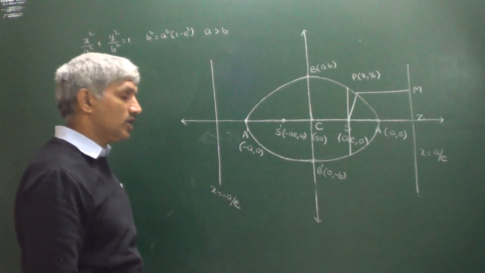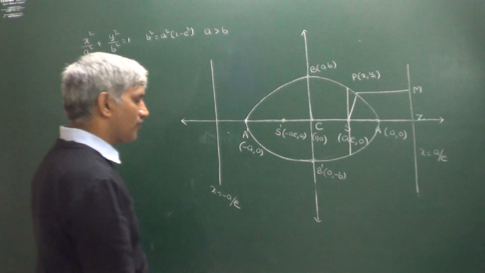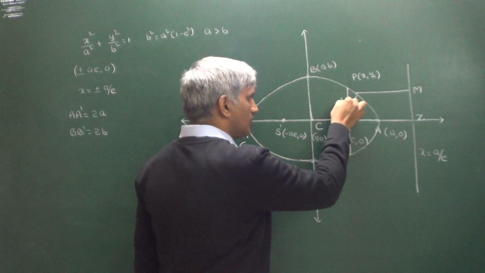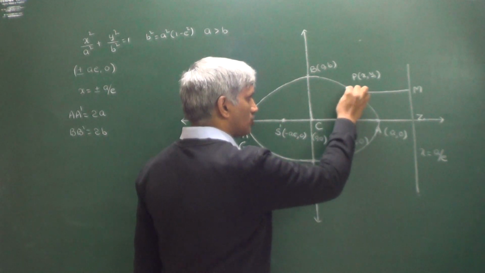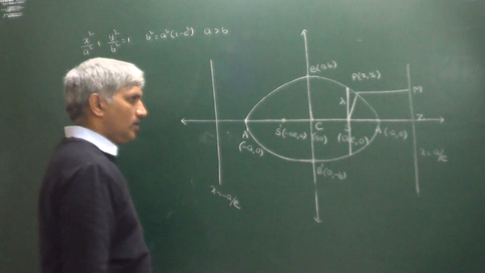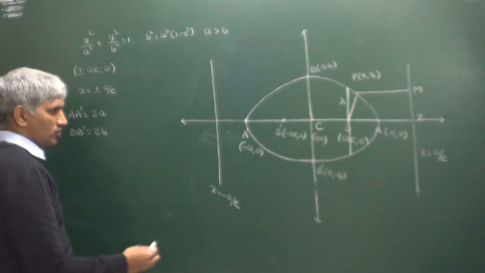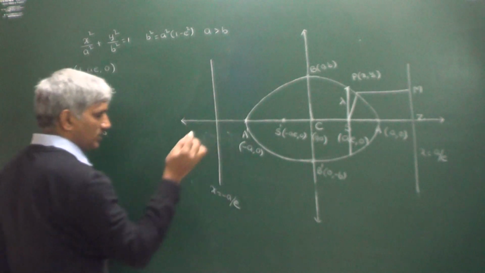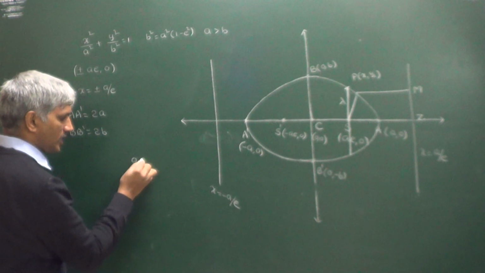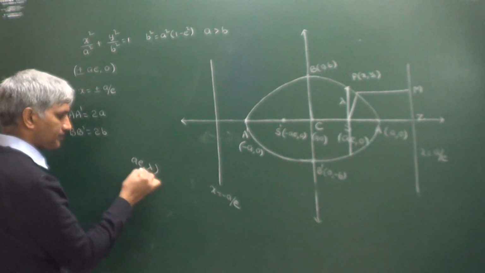But what about the length of the latus rectum? For finding the length of the latus rectum, we require this length. Let us say this length is equal to lambda. Can you say the coordinates of this point? Yes, that point is (ae, lambda).